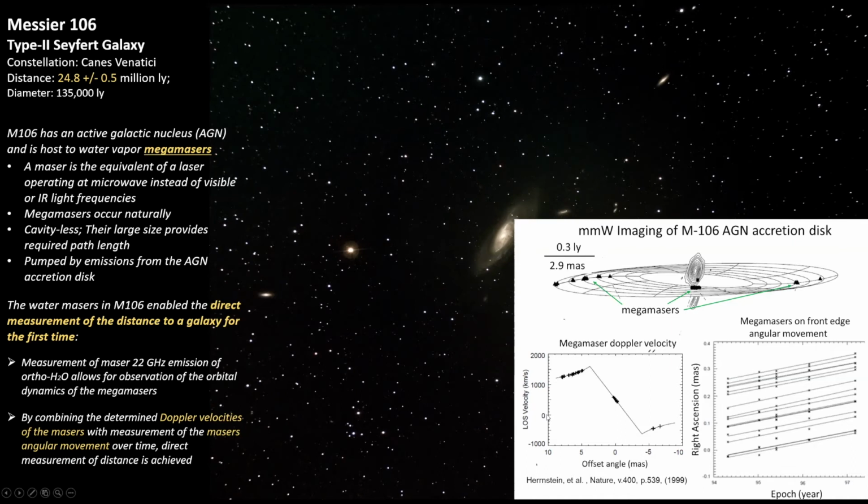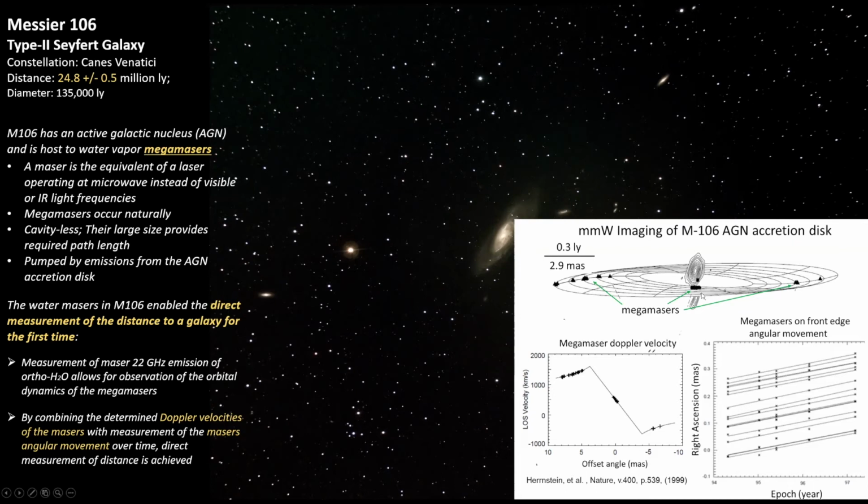You can see that the velocity is negative. So the speed due to the rotational velocity is greater than the speed due to the receding object due to the expansion of the universe. So based on this, the bottom line is they can figure out the velocity that these megamasers are rotating around.